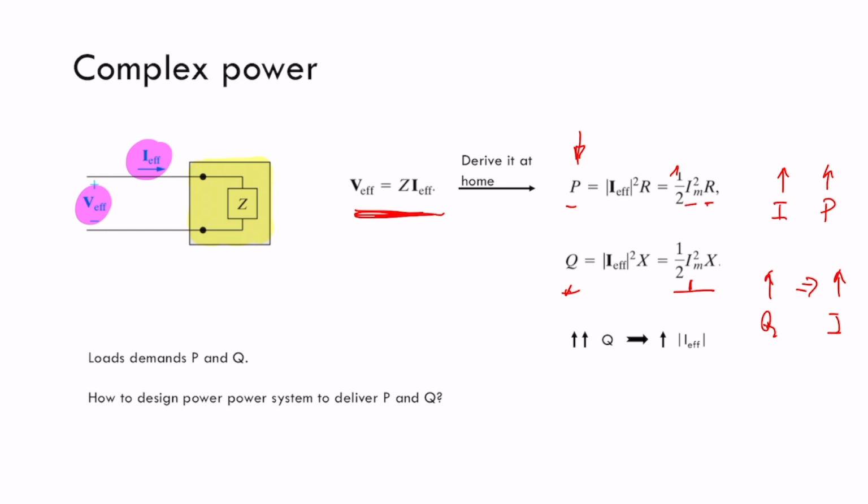If you want to design systems to deliver power from one point to another, you probably prefer to deliver only active power, because this is the power that you are going to get paid for, and this is the power that does work.